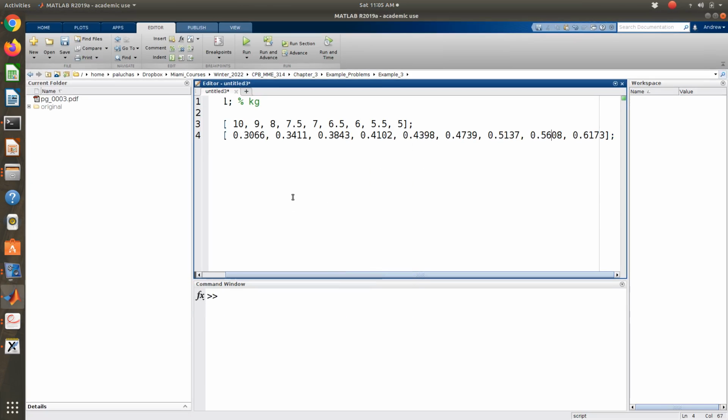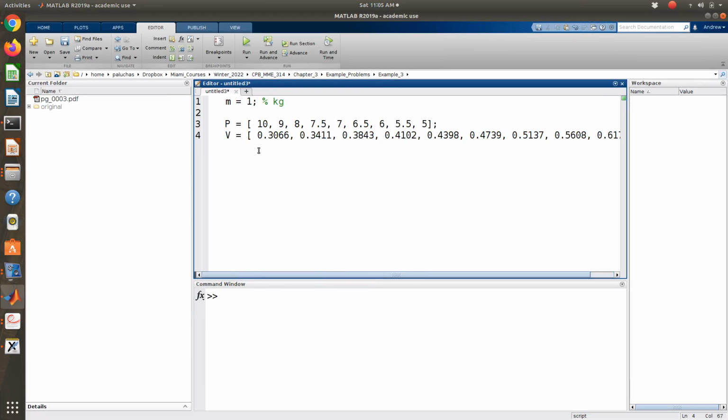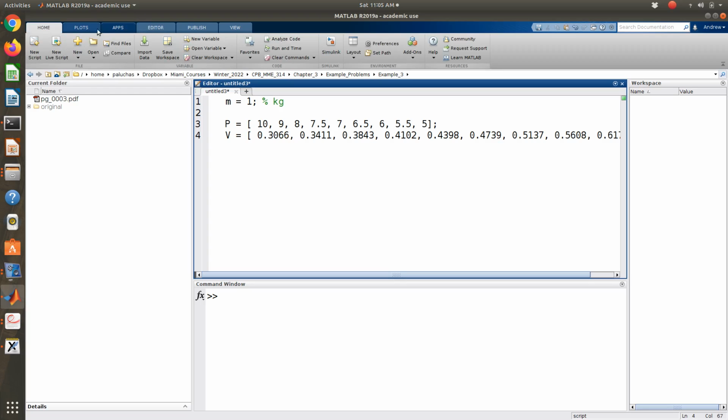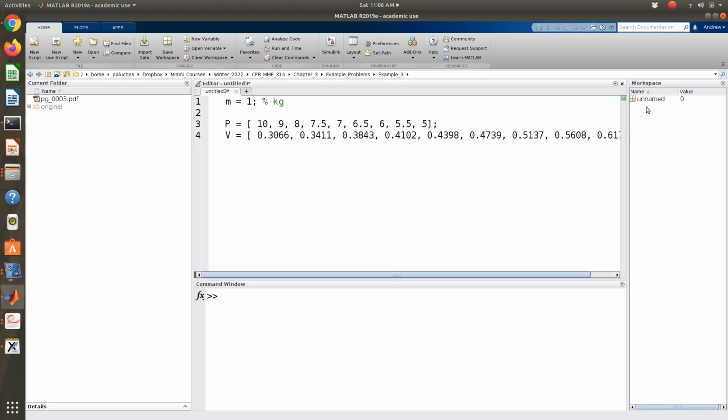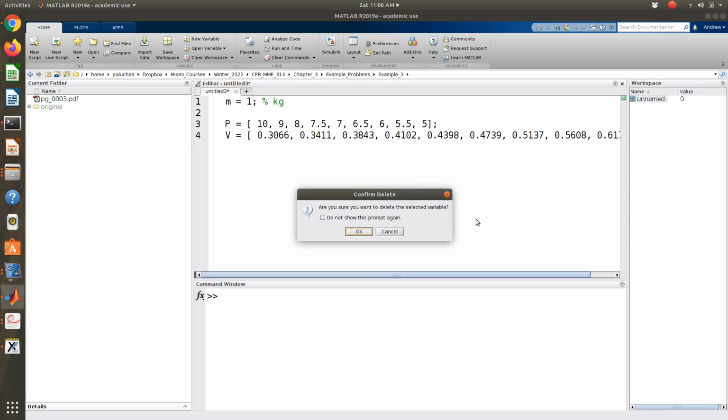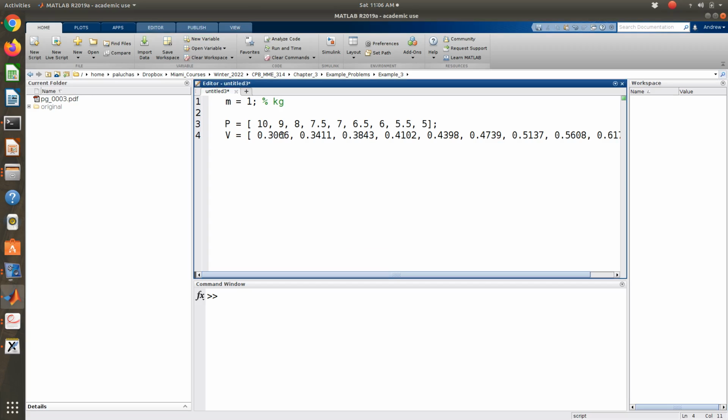If you've never entered data like this in MATLAB, it's just a bracket, a vector, and then each element. You can either separate by a space or a comma. Here I have both. And if you're really not familiar, under Home, there should be a New Variable. I could always click New Variable and type it up in an Excel format if I wanted, and just click up here to name the variable. So let me delete that one that it just thought I created. Now I have P and V.